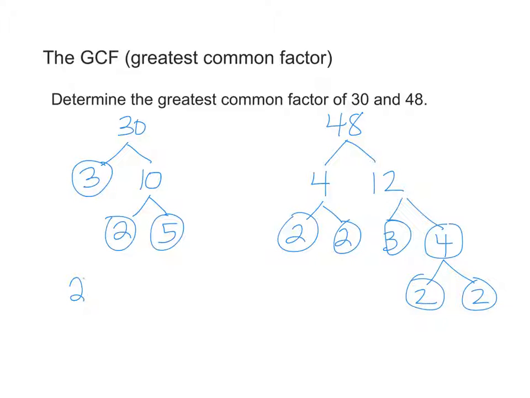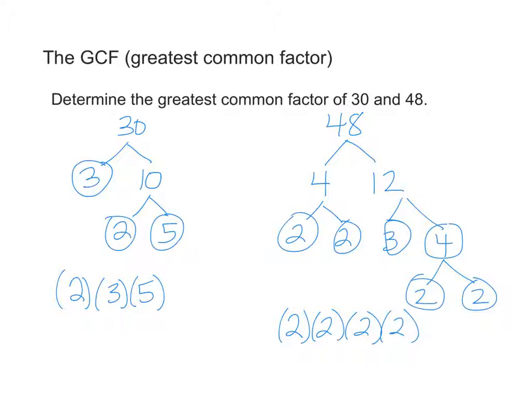30 is 2 times 3 times 5. And 48 is 2 times 2 times 2 times 2 times 3. Right? You can find the greatest common factor by doing a prime factorization.